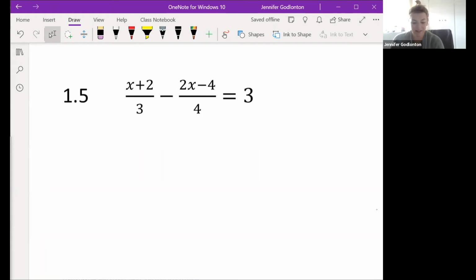Use brackets. Use them carefully. Think about what your LCD would be. Don't fall for the first trap or the second trap or the third trap.